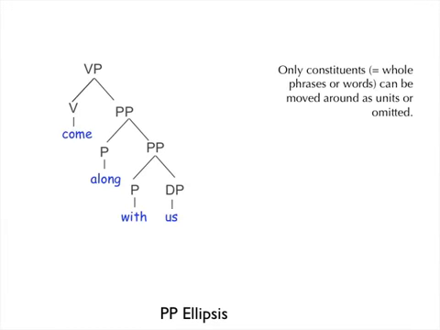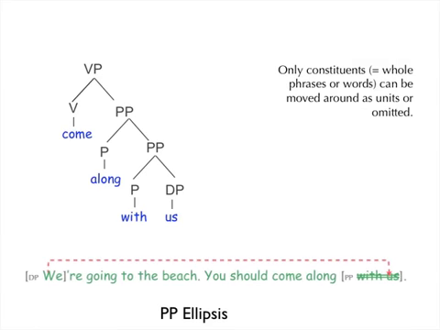And then we have other things. PP ellipsis. "Come along with us. But we're going to go to the beach. You should come along." It's fine, right? Notice it's kind of interesting, because the interpretation of "come along" has to go with the subject of the sentence.